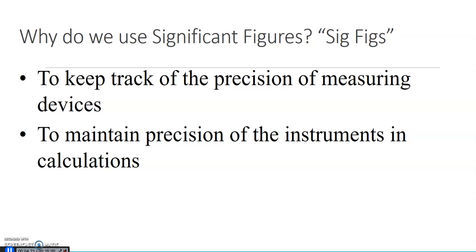So in physics class, we use sig figs in terms of measuring. In terms of calculating, it's a little bit different than in chem last year, but in measuring, we use sig figs to keep track of the precision of instruments. And then we use that precision in our following calculations.